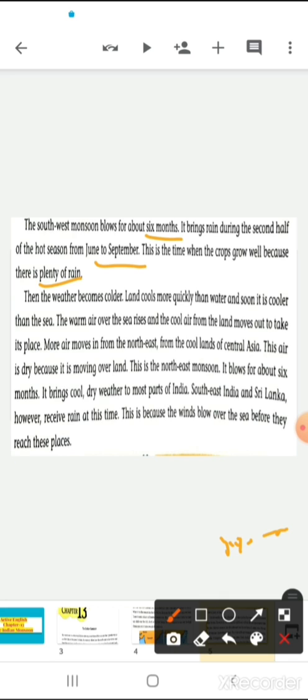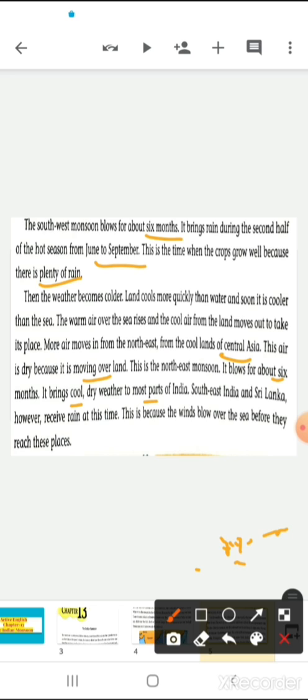More air moves in from the northeast, from the cool lands of Central Asia. This air is dry because it is moving over land. This is the northeast monsoon. It blows for about 6 months. It brings cool, dry weather to most parts of India.